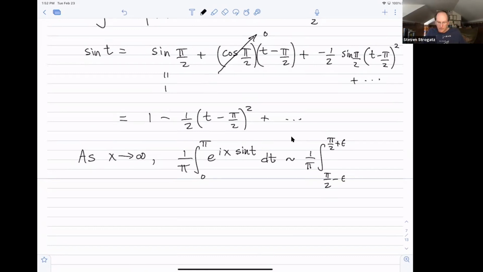And then I feel like I'm running out of room on the edge of my page, so I'm going to just move this down. Let's put this down here.